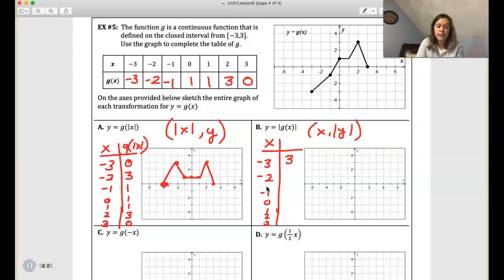So I'm just taking the absolute value of all my y's. So now we have a +2, +1, 1, 1, 3, 0. So -3, 3, -2, 2, -1, 1, 0, 1, 1, 1, 2, 3, 3, 0. And here is our graph.